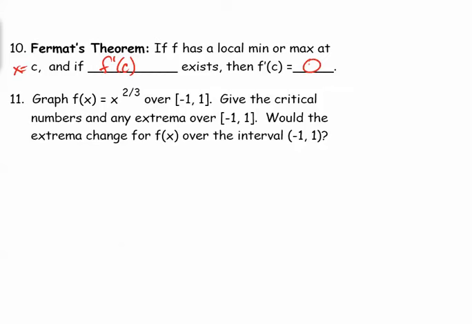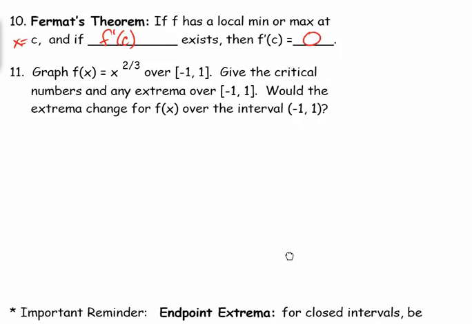So maxes and mins happen at horizontal tangents. So if there's a local max or a min, and if the derivative exists, so it could happen at a discontinuity or corner, place where the first derivative does not exist. But if the first derivative exists at a local max or min, then it has to have a horizontal tangent, is what that's telling us.